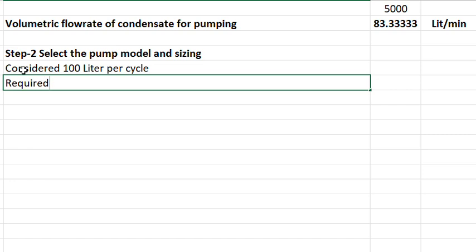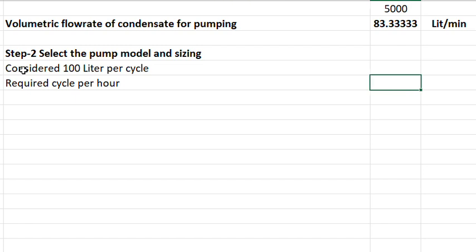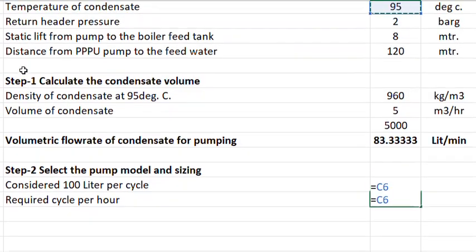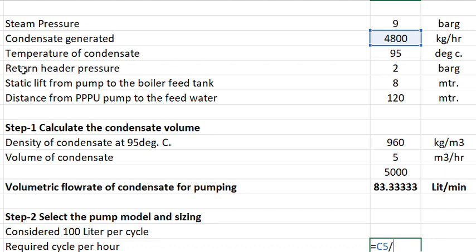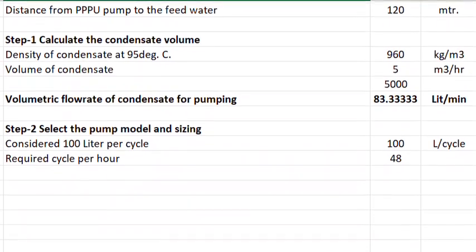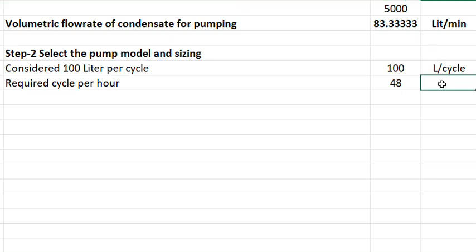That can be calculated simply as the condensate load divided by the selected model's liters per cycle. So based on that we have selected the pump model, and the required cycles per hour is 48. Okay, we need 48 cycles per hour.